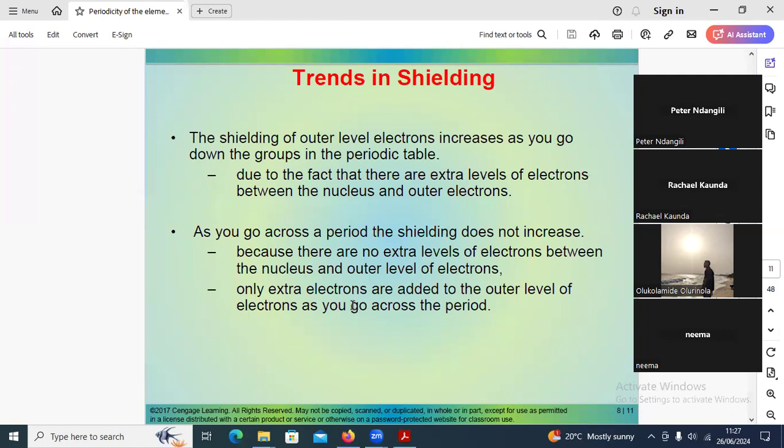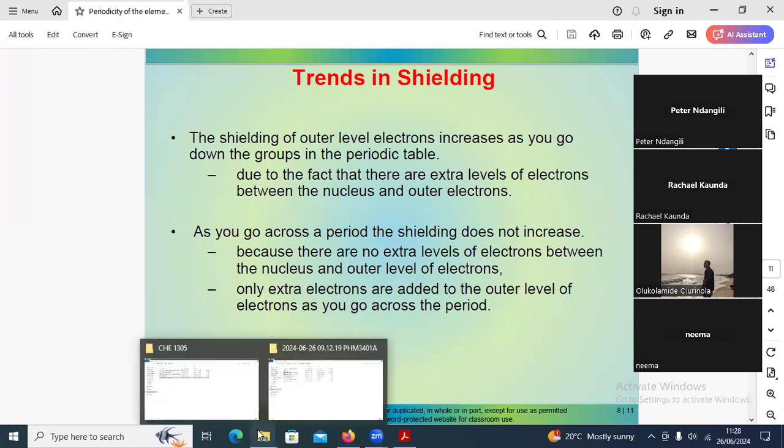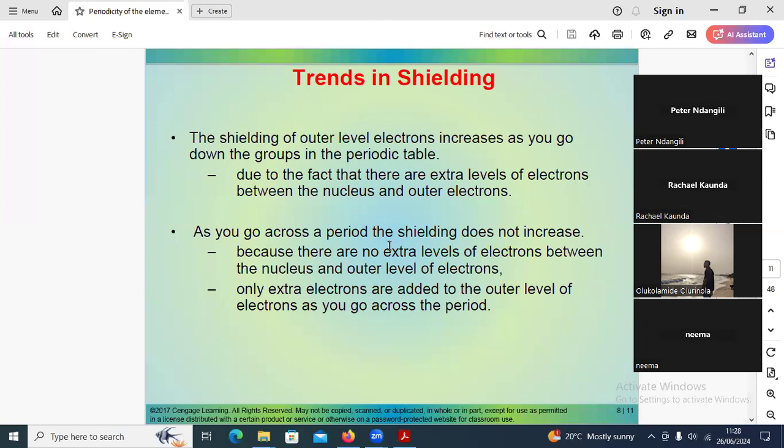The trends in the shielding: we say that the shielding of the outer electrons will increase as you go down the group. And this is because of the extra energy levels that we have as we go down a group. As you go across the period, the shielding does not increase. Why?